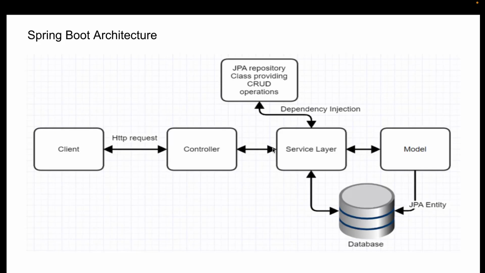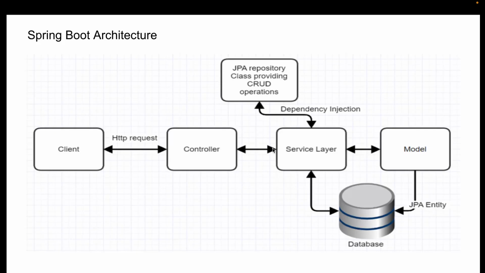We will see this when we develop our code, how these are achieved in the code base. But see, the controller is dependent on the service layer, which is dependent on the repository layer, and the repository layer talks to your database.